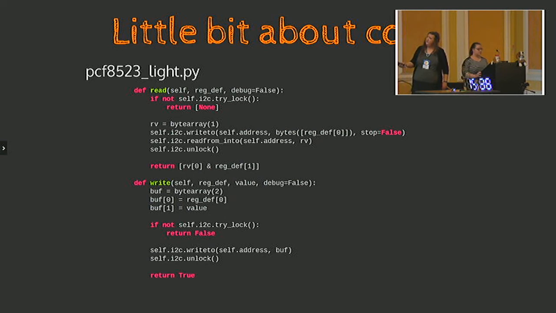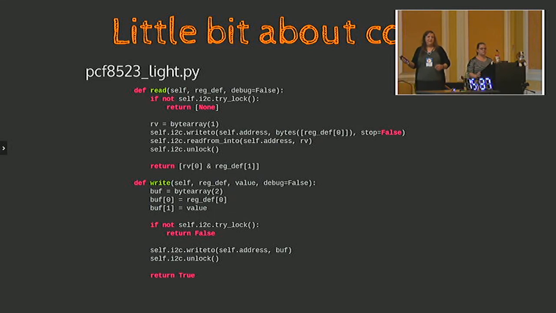This is a simplified version of the PCF8523 Lite. I'm not sure you can read it from the back, but it's not a big deal. But this is not Python as most of us are used to writing it. If you're a web developer, data scientist, or even DevOps person, you won't do this. Here in the read method, what we do is write some value in a register, and that way we can read another value from another register.